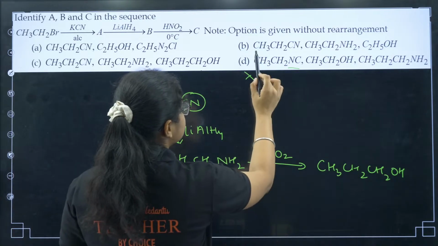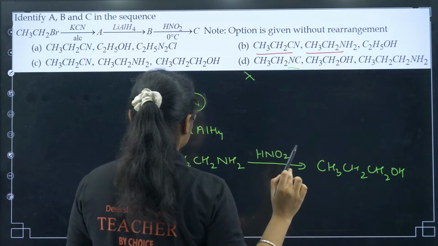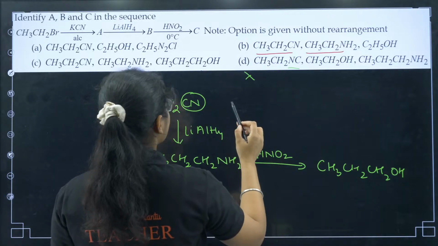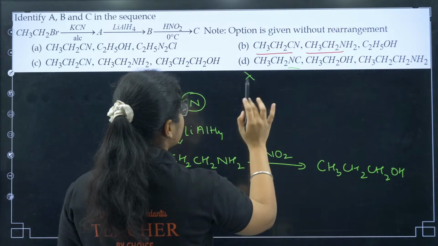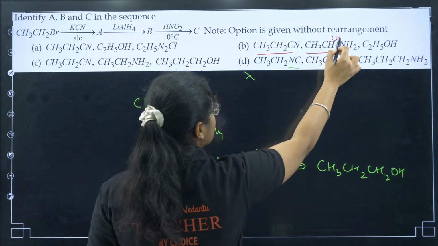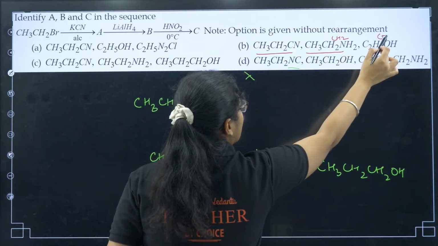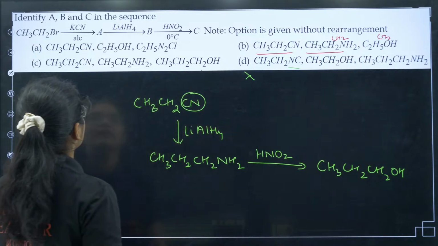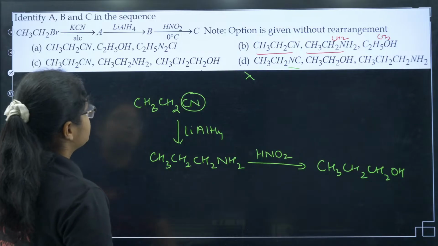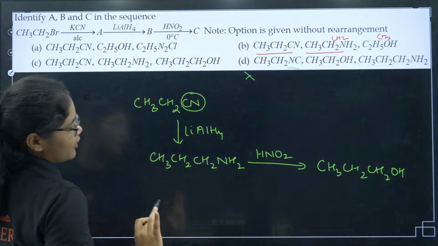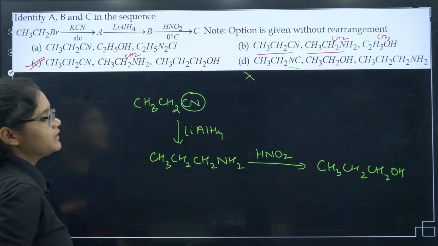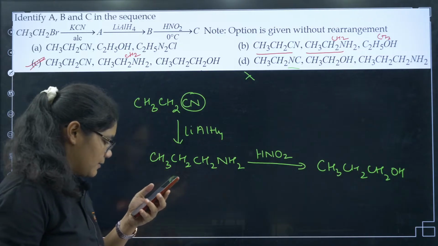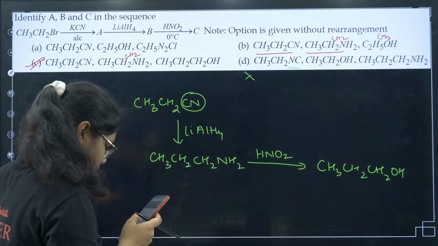First of all, I will have CH3CH2CN, CH3CH2CH2NH2, and then the options are not correct. I think one more carbon should come here, and here also. So none of the options are correct, but option C will be the correct one. Some printing error is there, but option number C.